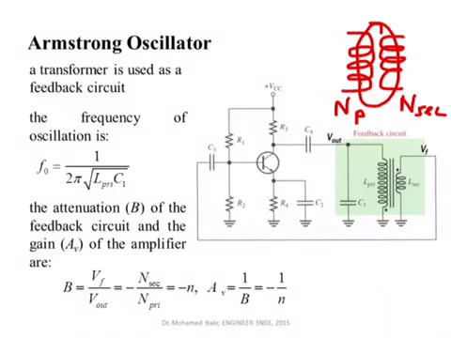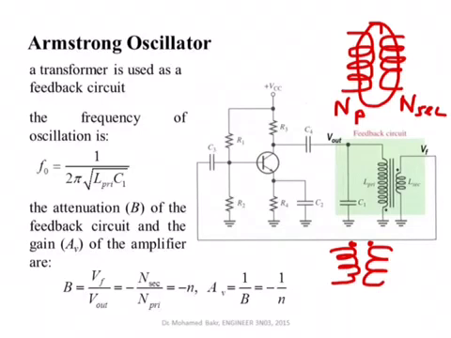Here we have two conventions for transformers. You can find something like this, where they draw two dots like this. This means that they are in phase. This may be 10 times the number of turns of this one, but the attenuated signal at the secondary is in phase with the signal at the primary. This is one of them.